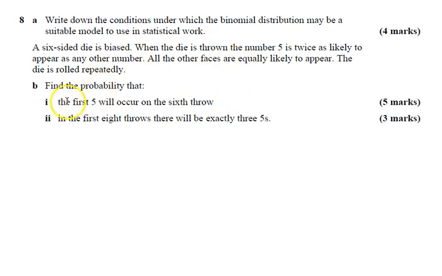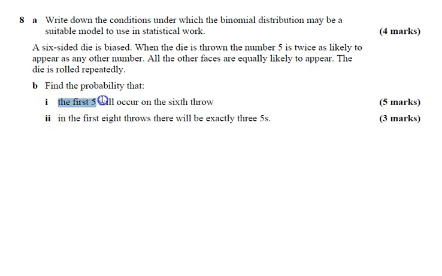Find the probability that the first 5 will occur on the 6th throw. Wow, okay, so we want the probability that the first 5 will occur on the 6th throw. Now, we've not been told, unless I've misread it, how many times we've thrown it, but each question has that built into the question.